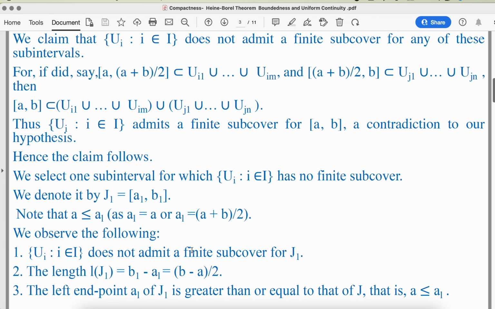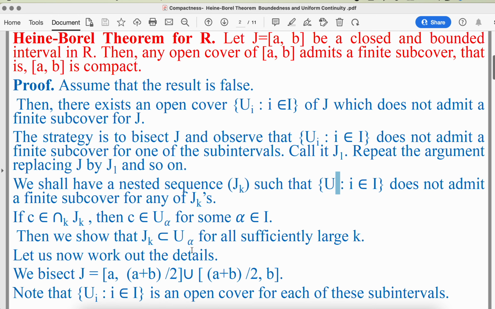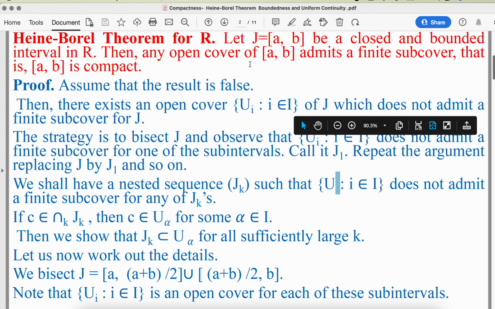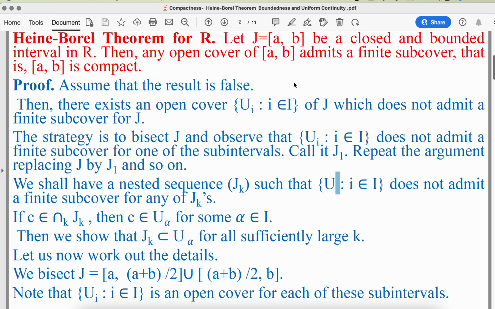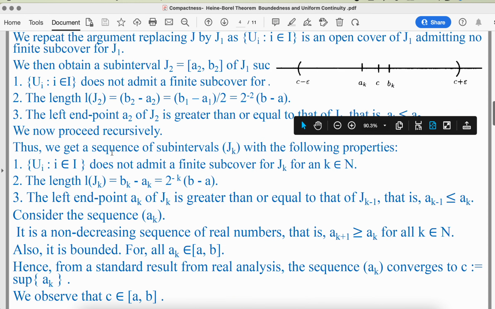So we have proved, by assuming the contradiction, that any open cover of closed interval AB admits a finite subcover, that is, AB is compact.